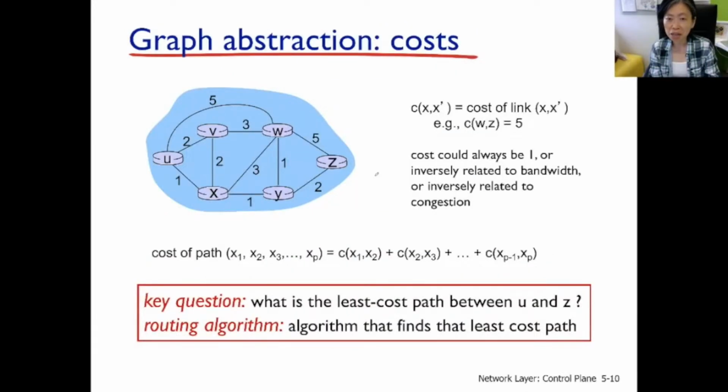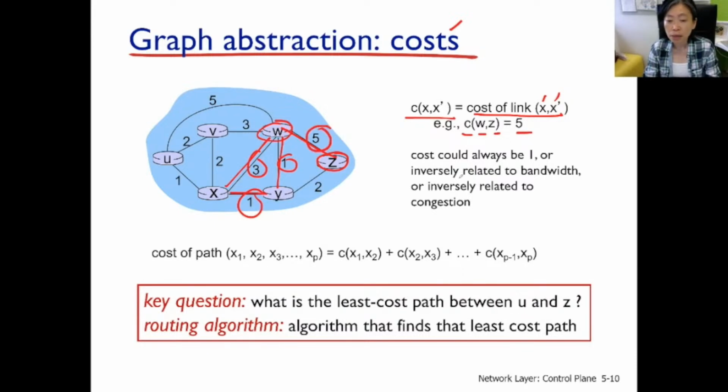Now we can talk about another thing called the link cost. Associated with each link on a graph like this, you see a number nearby, that is the link cost. To denote the cost of a link connecting router x to x prime, we use the notation c(x, x'). So c(w, z), connecting router W to router Z, the cost of that link is 5.